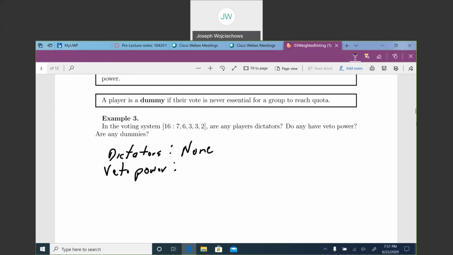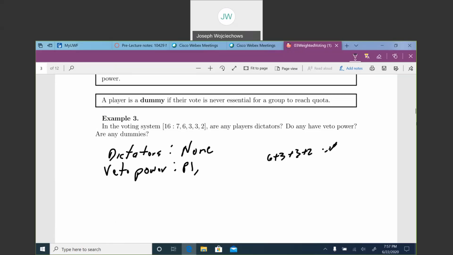So the way to look at this is, let's see if player 1 has veto power. Can the vote pass without player 1? So if everybody else votes for it, you have 6 plus 3 plus 3 plus 2, which gives us 14. So player 1 does have veto power. It cannot pass without player 1.